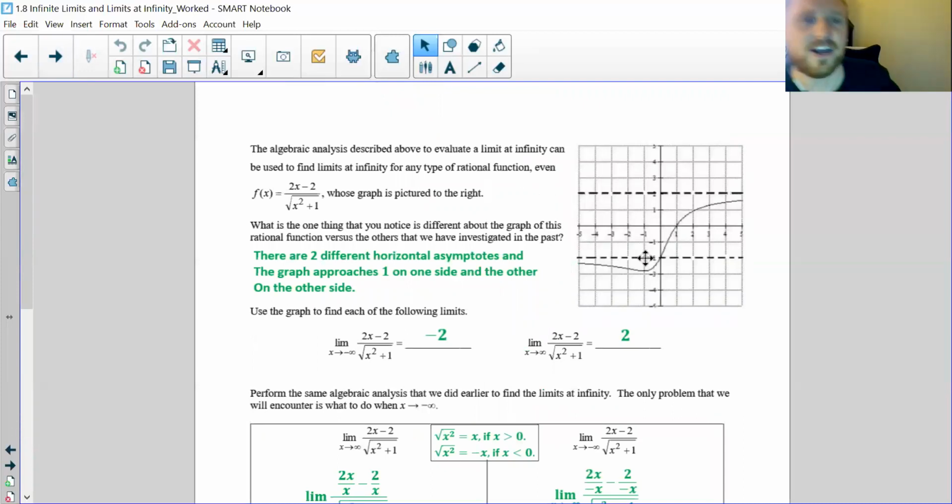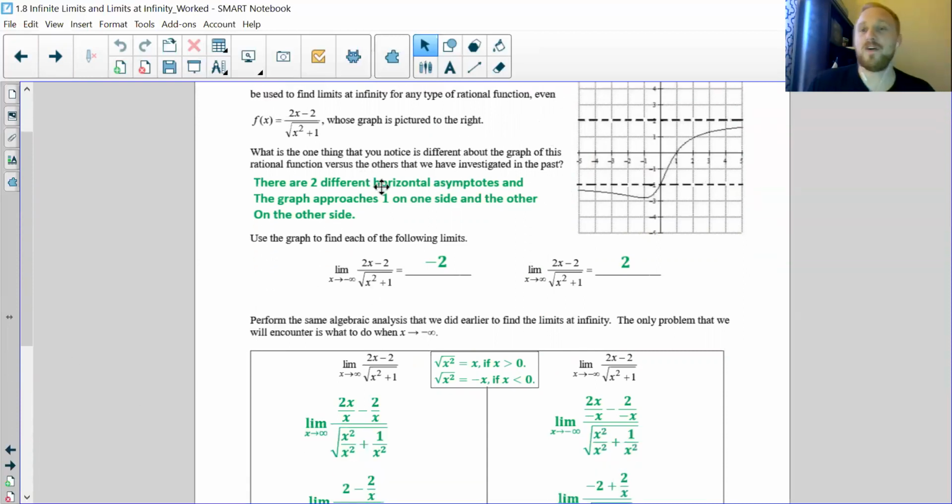Okay. Here's an algebraic approach with a square root. Whenever you have a square root and you have an x squared inside, the square root of x squared is equal to x as long as x is greater than 0. The square root of x squared is equal to negative x if x is less than 0.